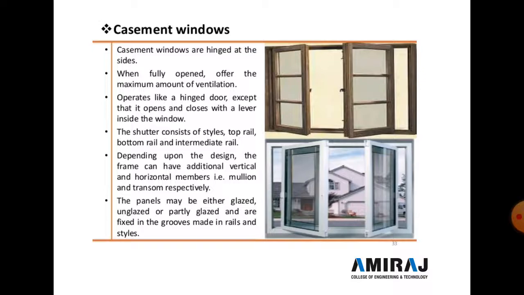Depending upon the design and frame, there may be additional vertical and horizontal members like a mullion and a transom respectively, and the panel may be either glazed, unglazed or partly glazed, fixed in a groove made in a rail.